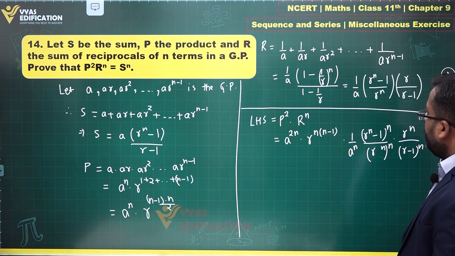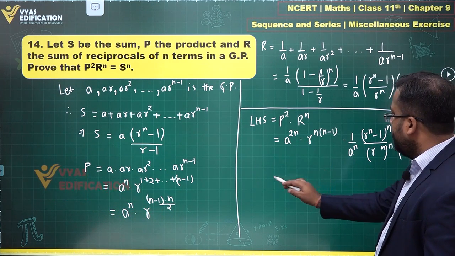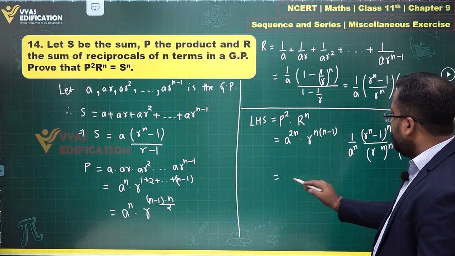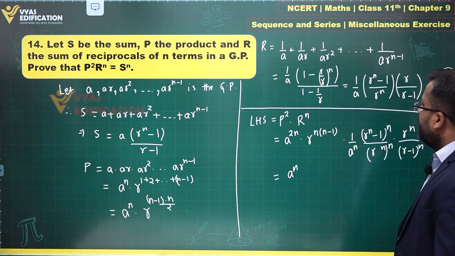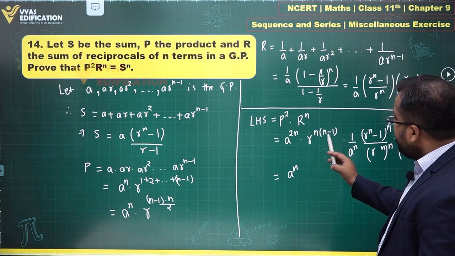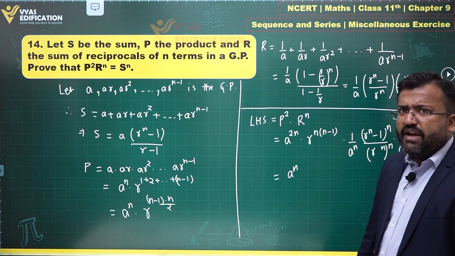Okay, and what does this become after this? You see, A power 2n, A power n will get cancelled to give you A power n. R power n into n minus 1 by 2, R power n square minus R power minus n basically.